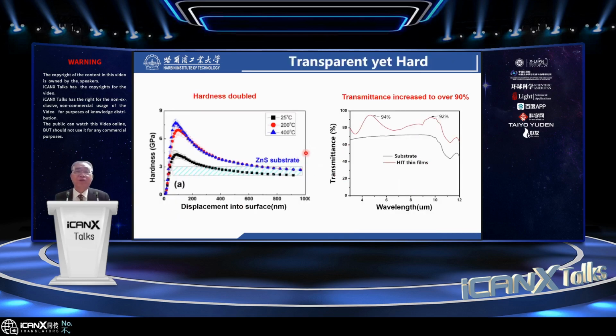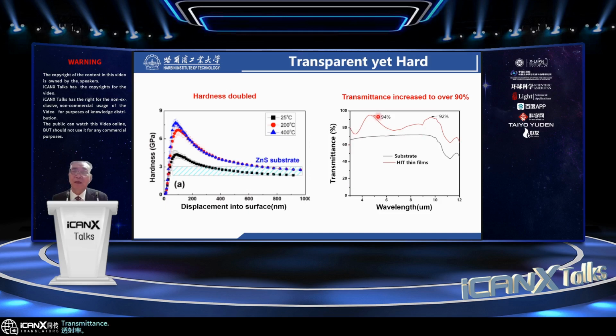Now, this is what we desire. Our hardness is doubled from zinc sulfide to over here, more than 8, and for transmittance we increase to over 90%. This is zinc sulfide, which is here, something around 65% transmittance.